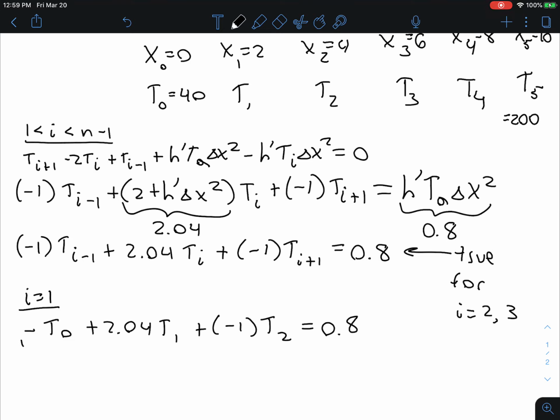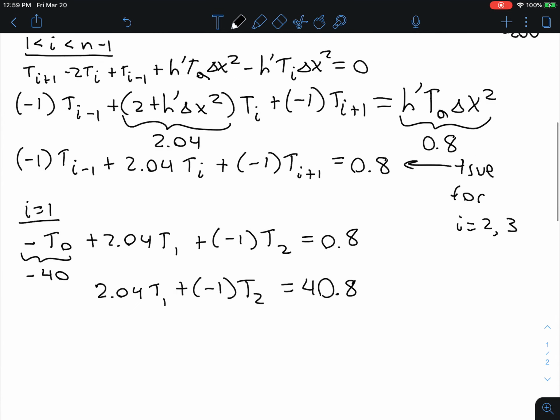In other words, this is actually going to be negative 40. And so what we actually have is 2.04 T1 plus negative 1 T2 equals 40.8.